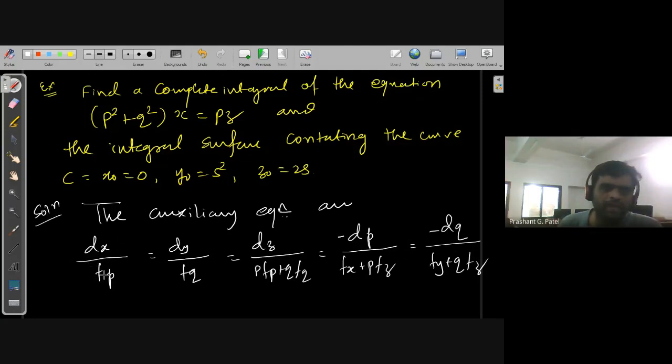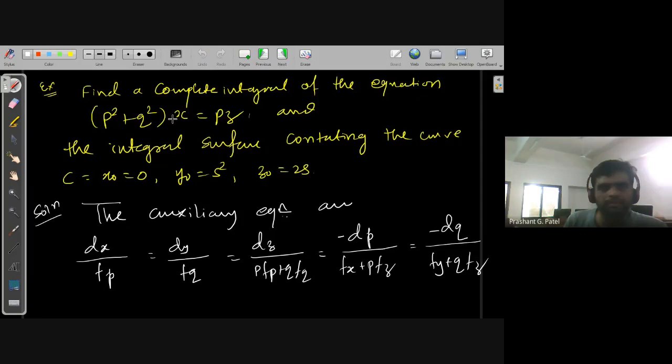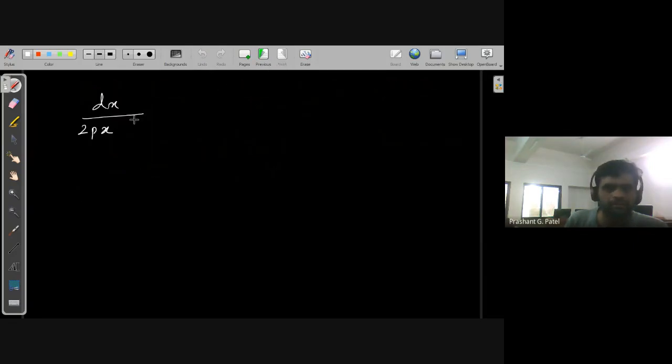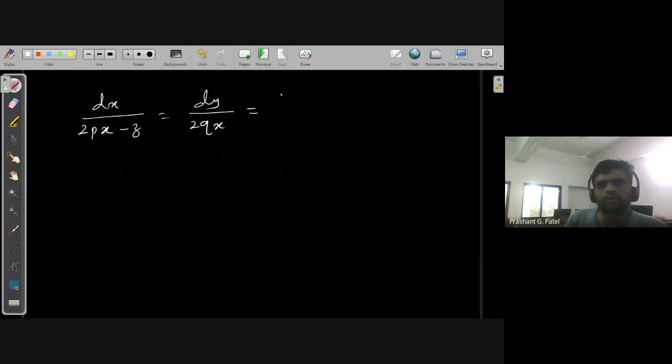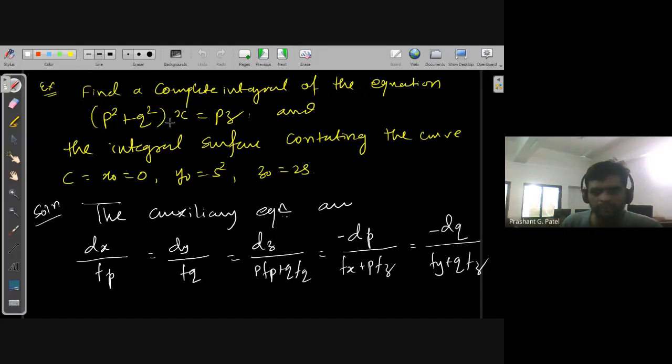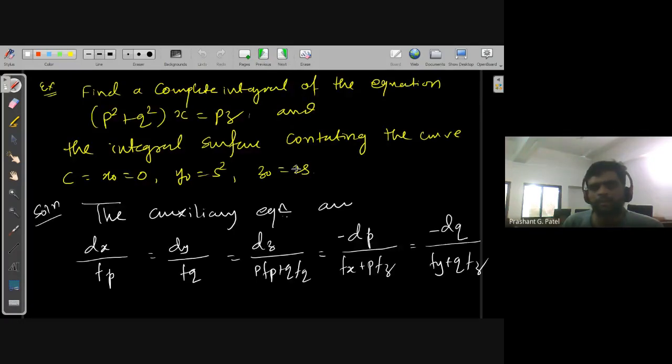If I use this and calculate fp, the derivative with respect to p, it leads to dx upon 2px minus z, equal to dy upon the derivative with respect to q, which gives 2qx, equal to dz upon p times that, so multiplying by p it is p square x minus pz plus 2q square x, equal to dp upon fx, that is p square plus q square, minus p into fz.